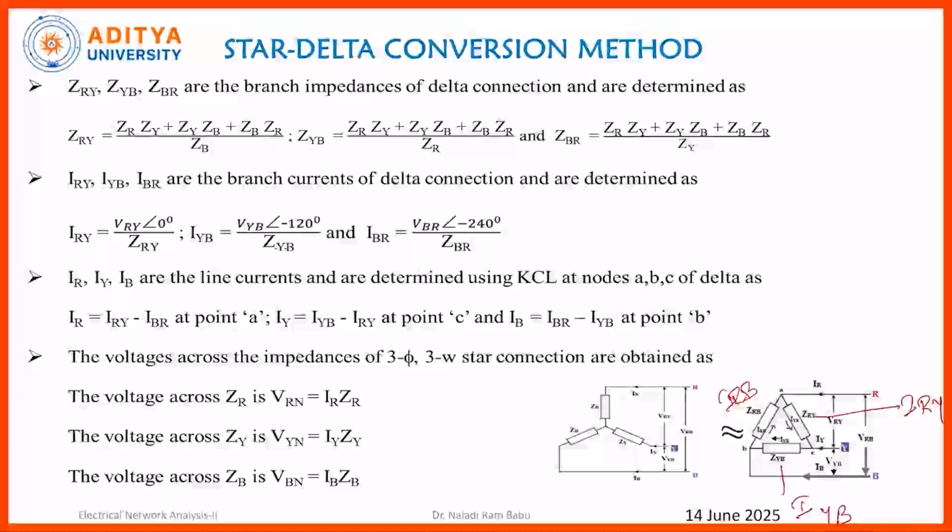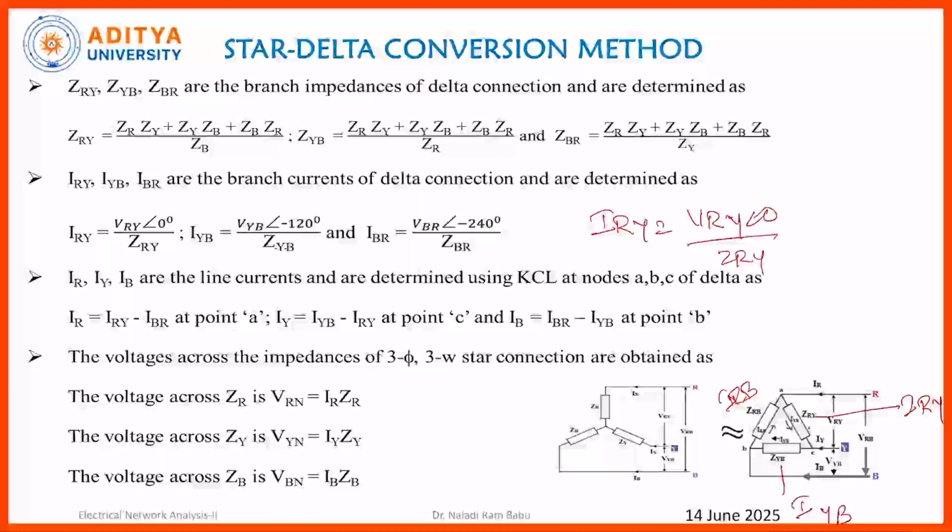Now, for IRY, we have taken VRY as the reference. Therefore IRY is equal to VRY at an angle 0 divided by ZRY.